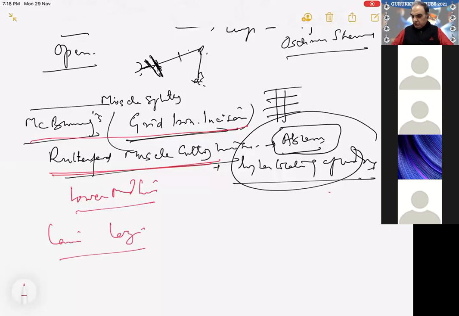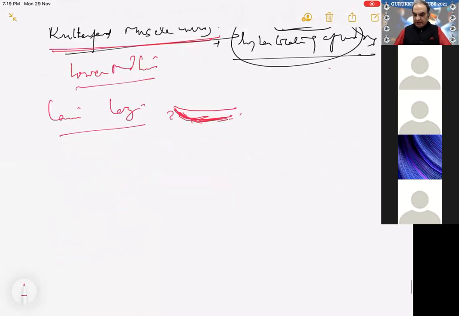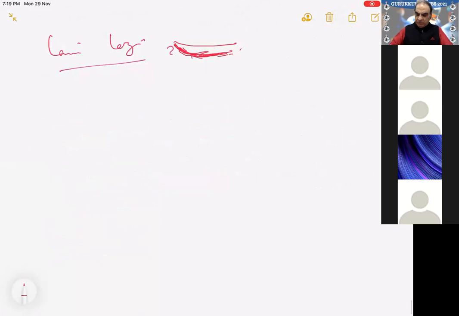Instead of making it a sharp cut, they take a line in such a way that it is cosmetically hidden under the dress, and it follows the line like the planned incision. So these are modifications. So that's about incision. I don't think I need to spend time on the planning part and other things. I'll spend more time with the perforation peritonitis patient.